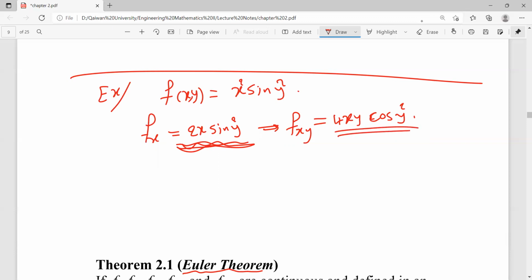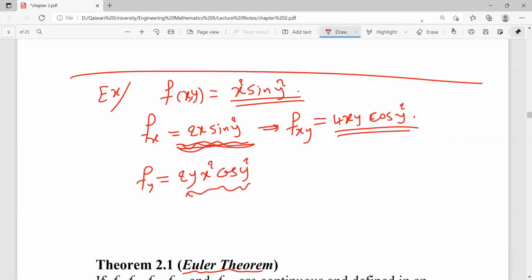So it is 4xy cosine y squared. And to find f sub yx, first we take the partial derivative with respect to y for this function. It is 2y x squared times cosine y squared. This is f sub y.